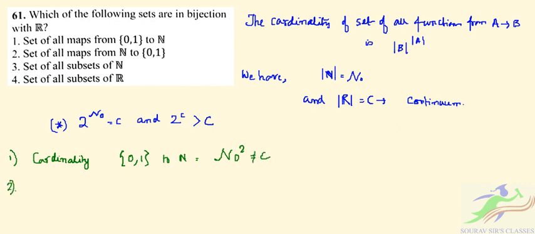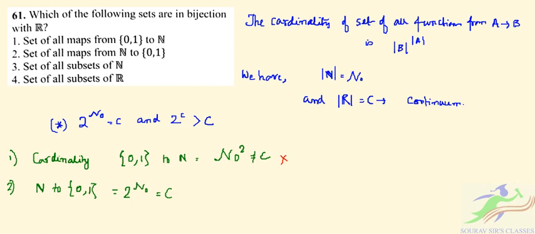Similarly, the cardinality of the set of all maps from N to {0, 1} will be 2 to the power aleph-naught, which is equal to C. So option 1 is not correct.